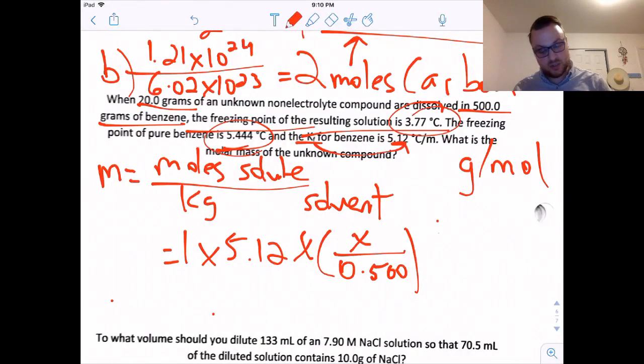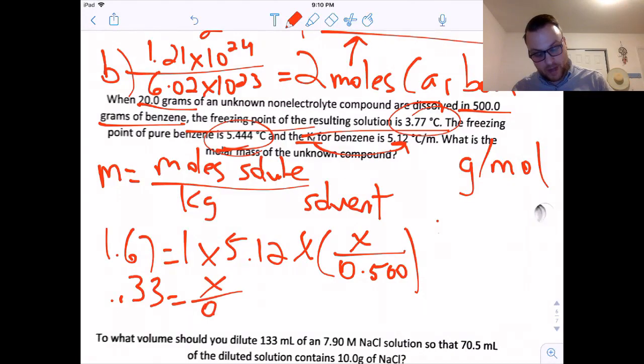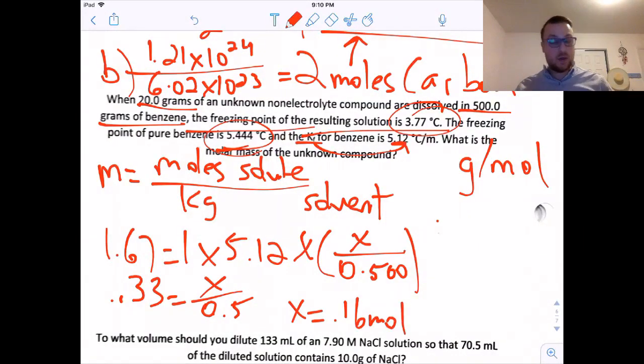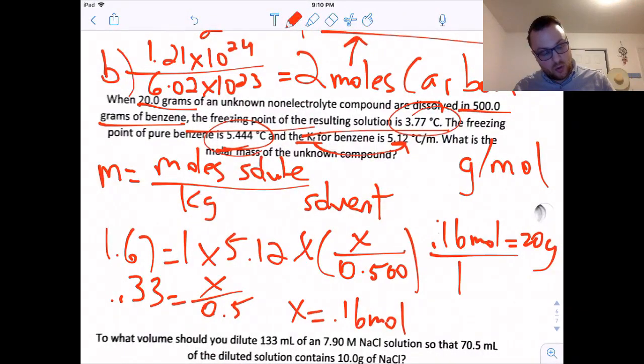Divide that by 5.12, and you get 0.33 equals x over 0.5. Cross multiply. x is 0.16 moles. 0.16 moles is equal to 20 grams. 1 mole is, I don't know. 20 divided by 0.16 is 122.